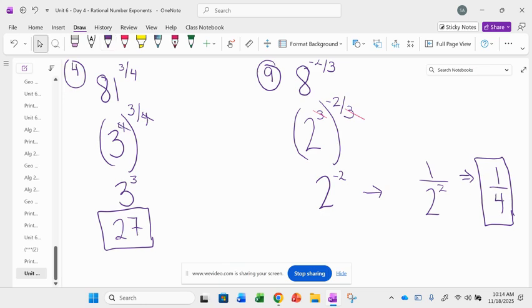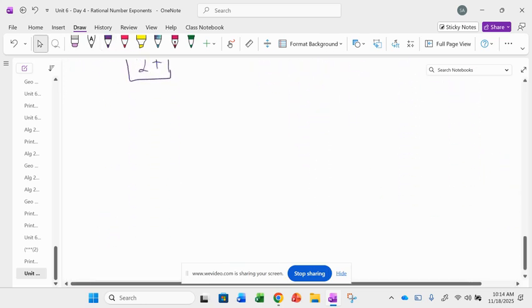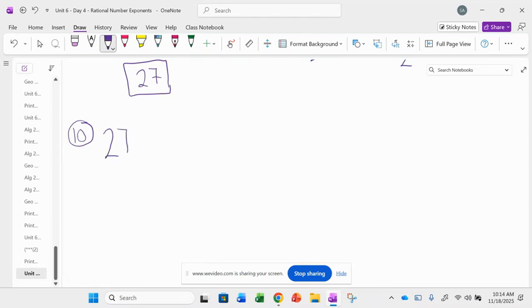All right, you guys try this one. 27 raised to the negative 5/3 power.